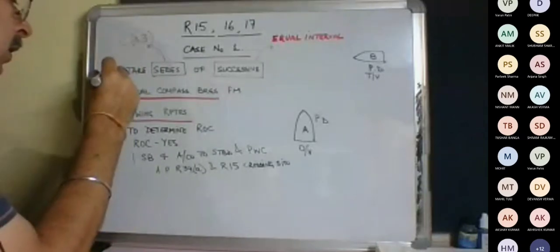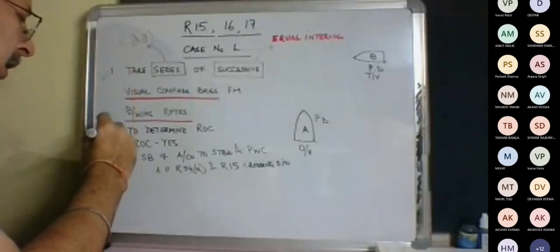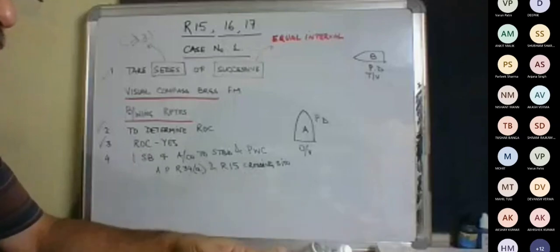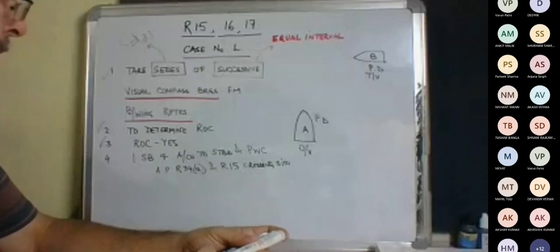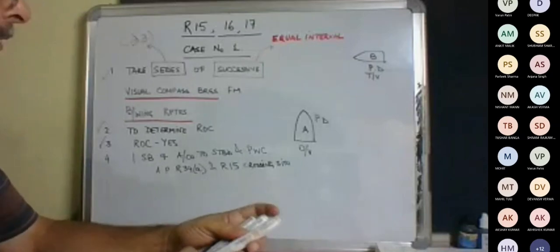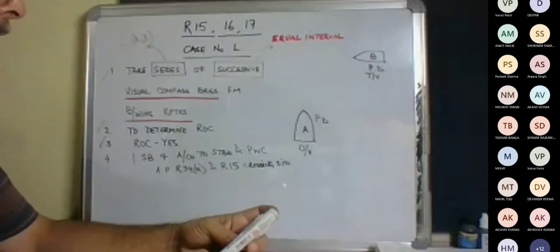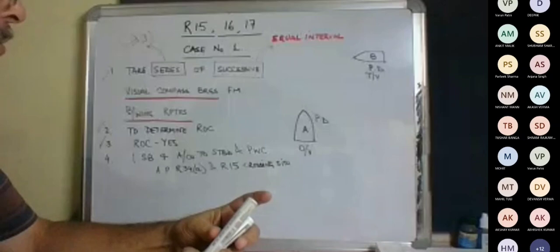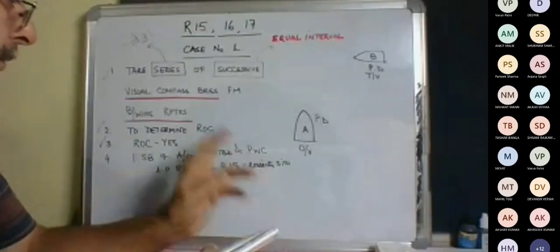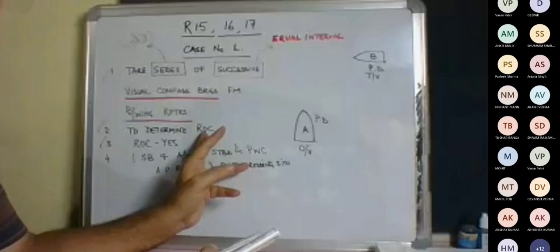And point number 1, point number 2, and point number 3 will be common for every situation, whatever the vessel. 1, 2, 3 will become a standard answer. Take series of successive visual compass bearings from bridge wing repeater. Standard answer. Purpose is to determine risk of collision.